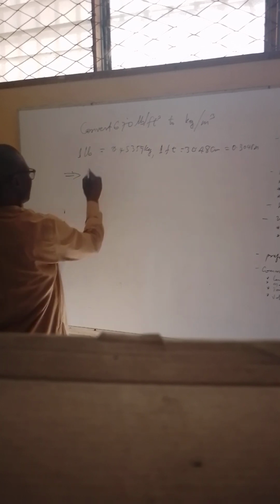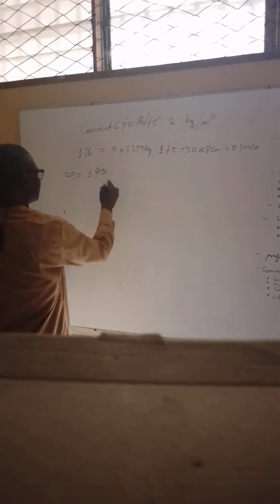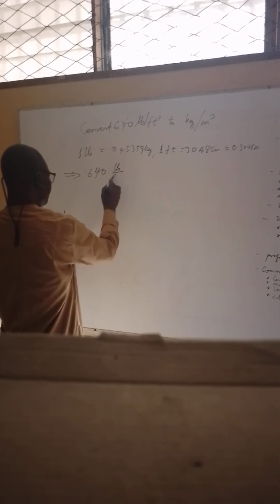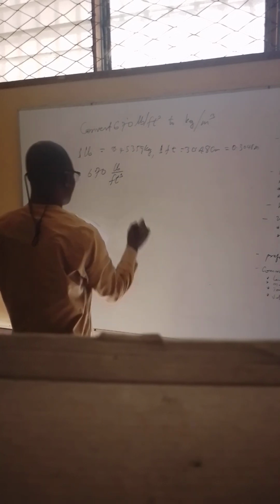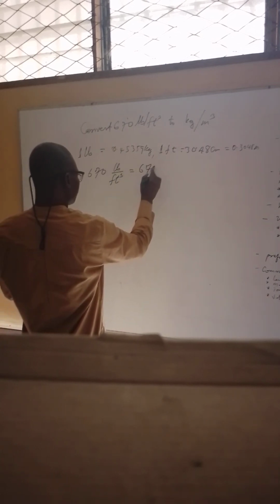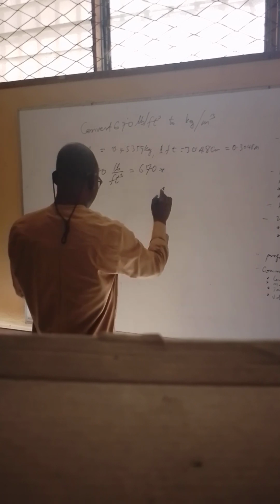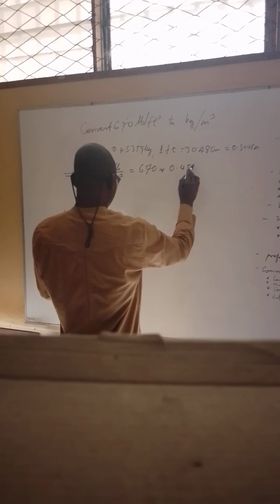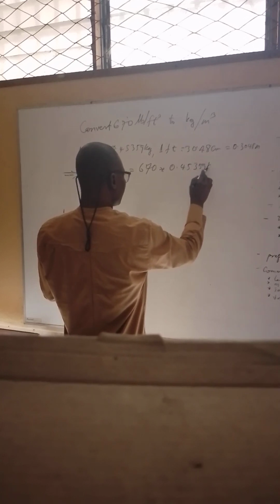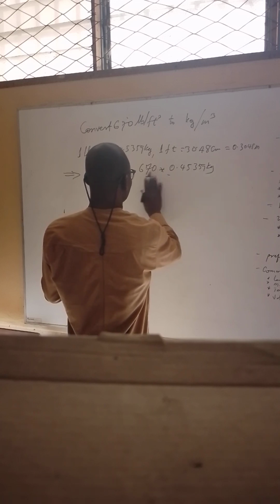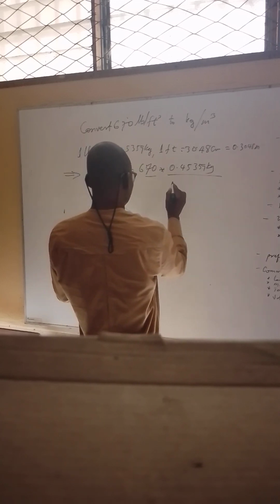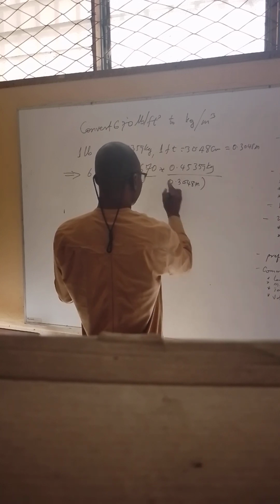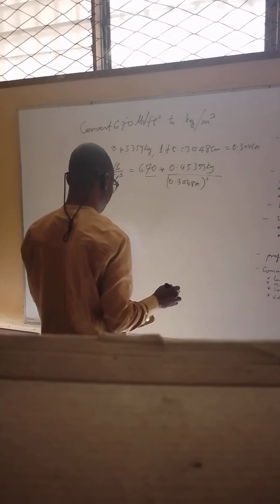Implying that our 670 pounds per feet cube is equal to 670 times 0.45359 kilogram on 0.3048 meter to the power 3.